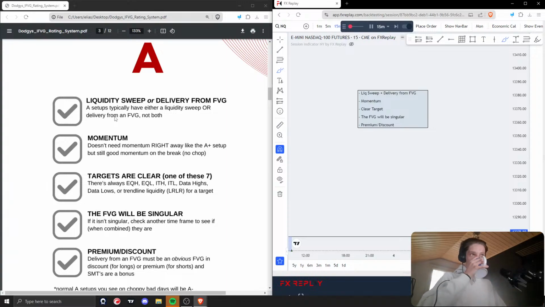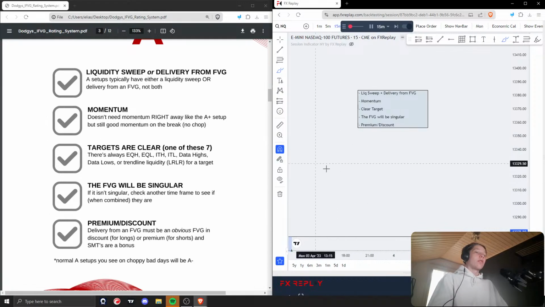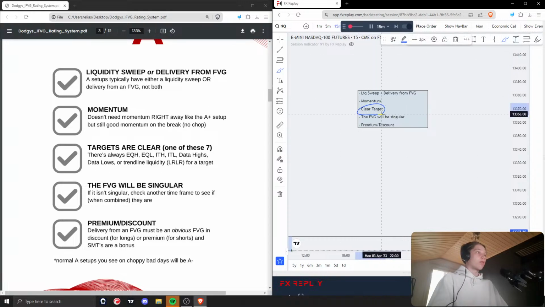Momentum doesn't need to be right away like the A+ setup, but still good momentum on the break, no chop. Targets are clear. That's the same thing. We also always need a clear target, otherwise the position will lose.